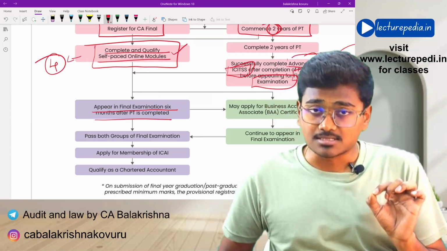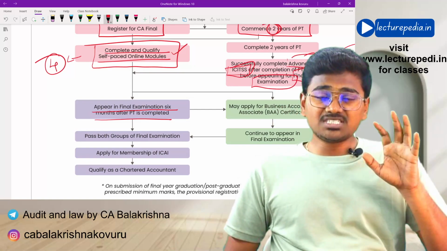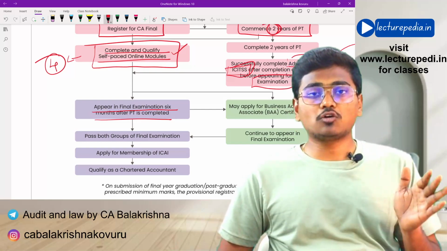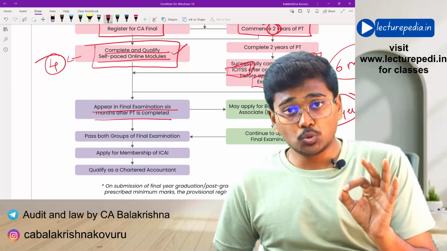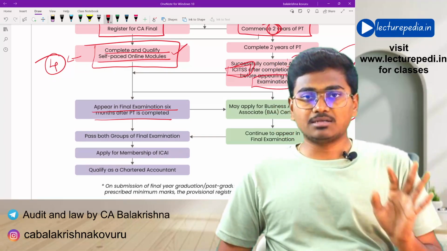So the minimum study time for CA final is 6 months from the date of completion of practical training, and the practical training is complete 2 years. There will not be any leaves granted for the examination.